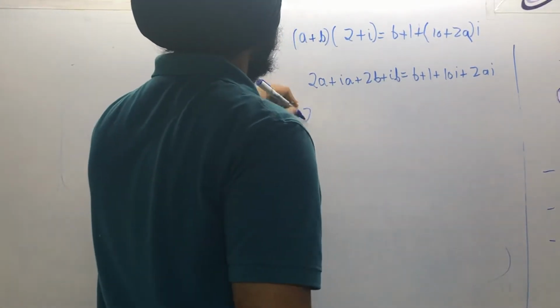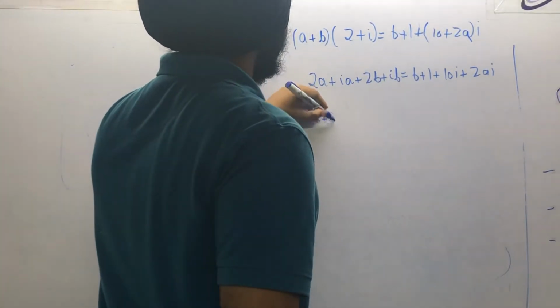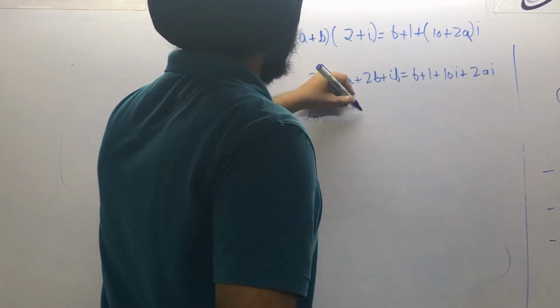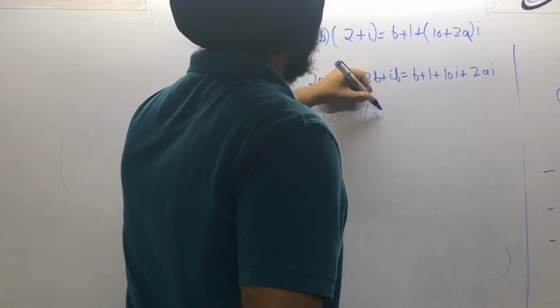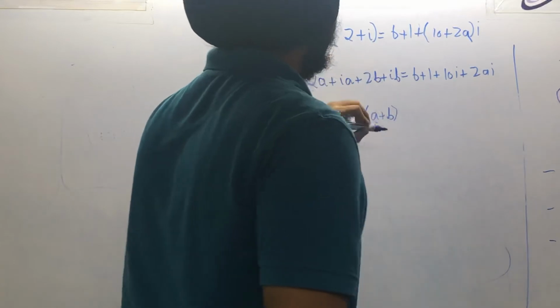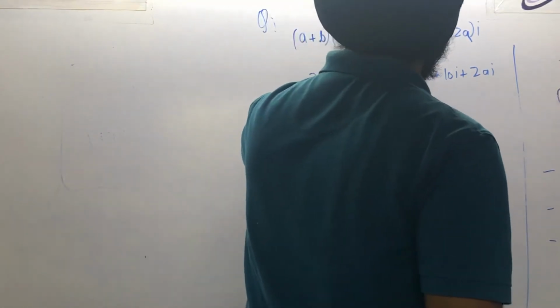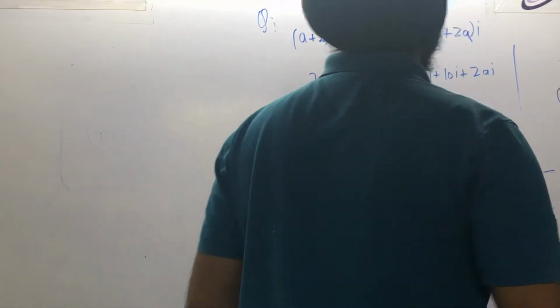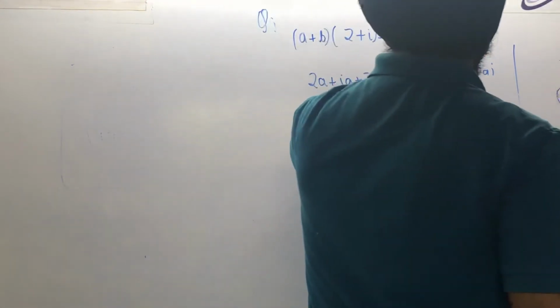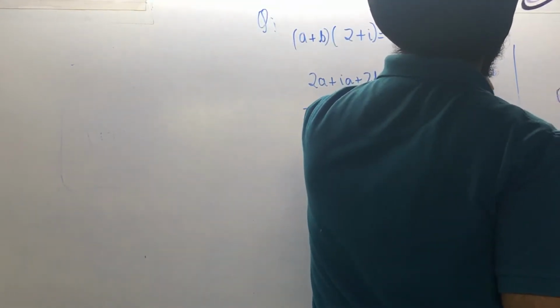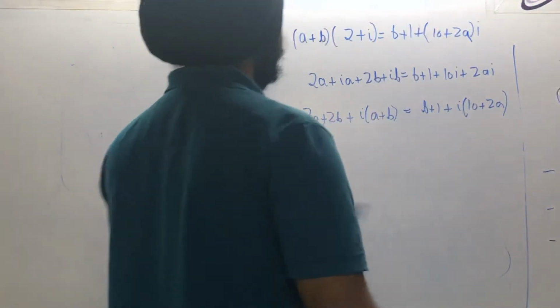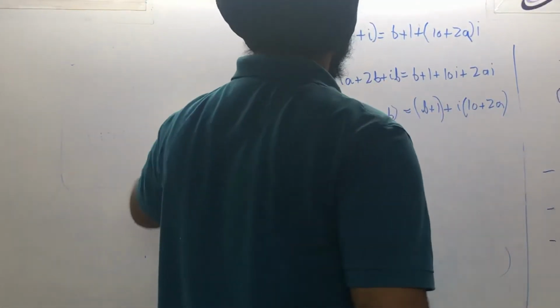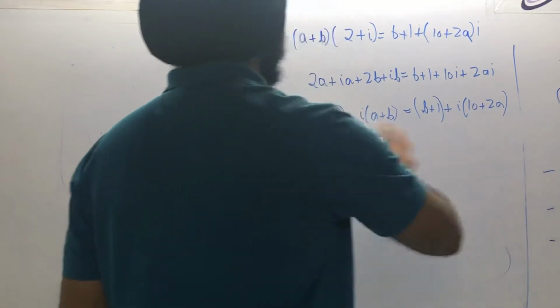Okay, so just separate the real and imaginary parts. So on this side, 2a plus 2b plus iota times a plus b. This side no need to open anything. I think already it was written the correct way. Okay, now you have converted into general form.